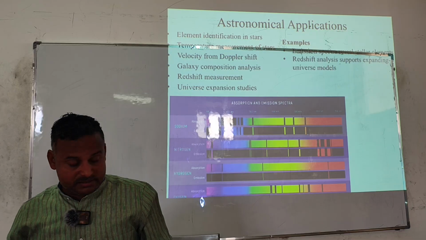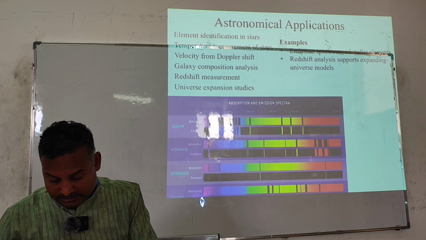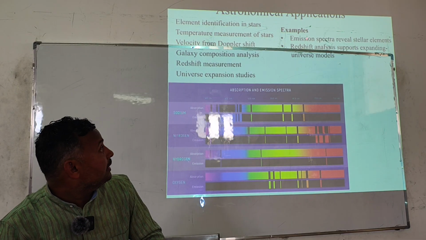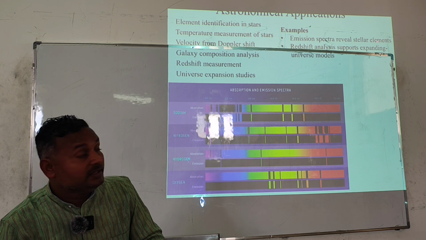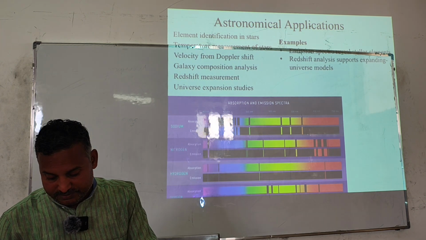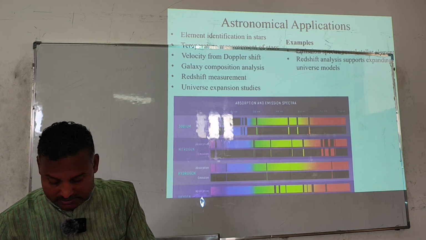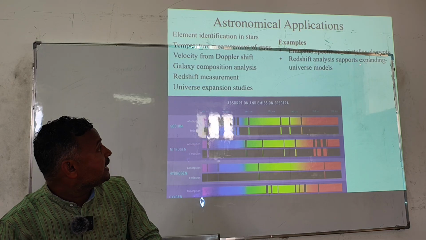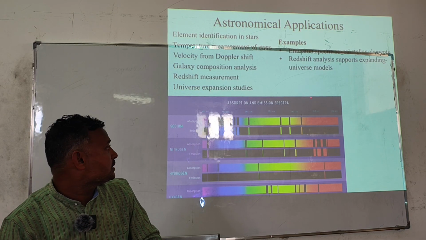Okay. See, for example, I kept some examples here. Emission spectra reveal stellar elements. Redshift analysis supports expanding universe models.